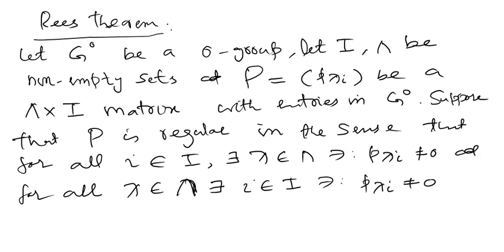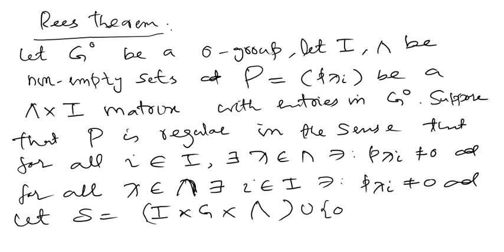So that's the meaning of regular here. A regular matrix means each row and each column is not equal to 0. And let S be equal to I cross G cross lambda union 0.